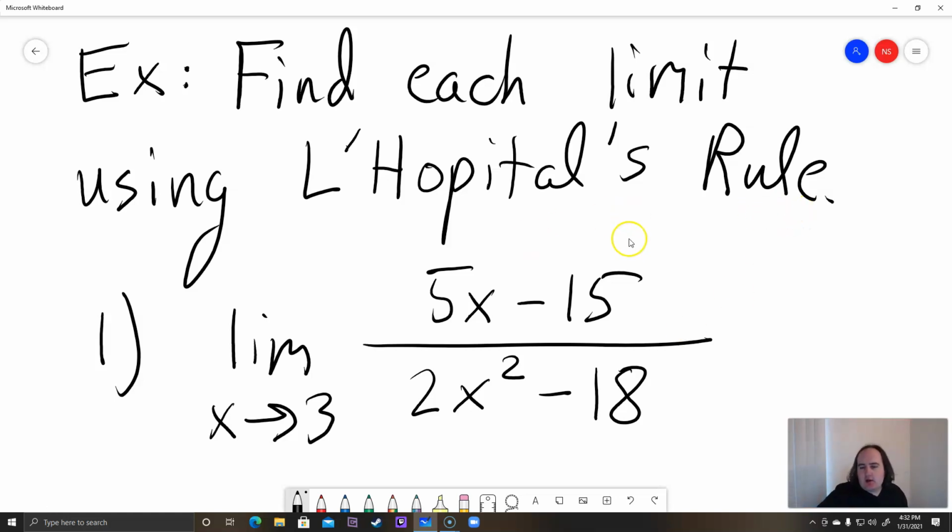So now to use L'Hôpital's rule, you do have to plug in the number they give you and verify that it gives you 0 over 0, or rarely infinity over infinity.